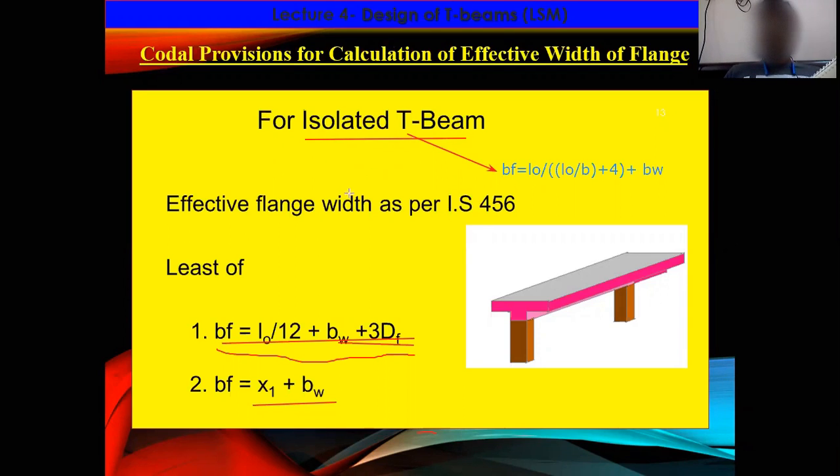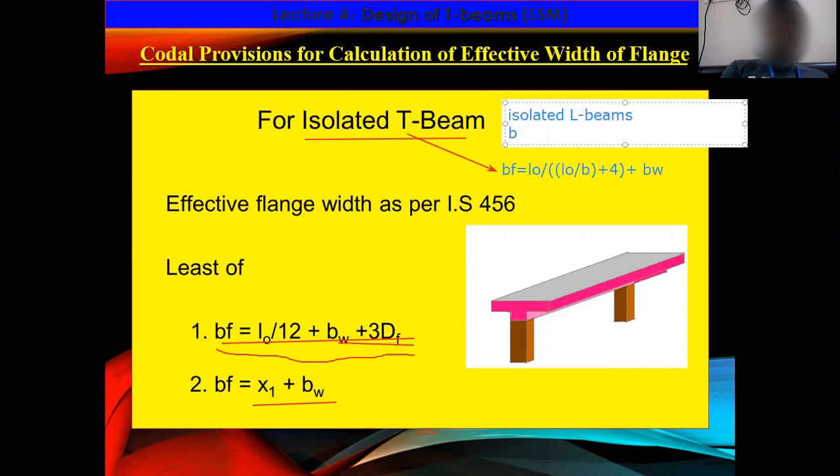And similarly for isolated L beams, bf is calculated as 0.5 l0 by (l0 by b plus 4), whole bracket closed, plus bw.